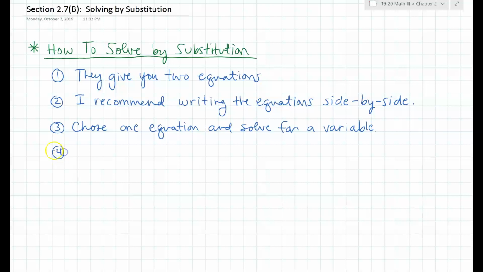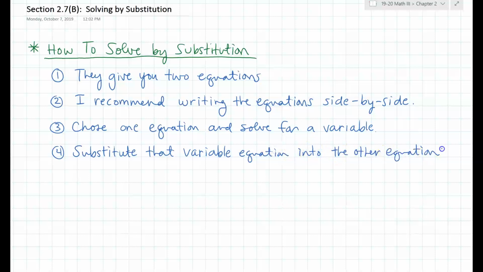I know this sounds like a lot, but substitute that variable equation into the other equation. I know that sounds kind of vague, but you'll see it right now. So substitute the variable equation into the other equation. 5.